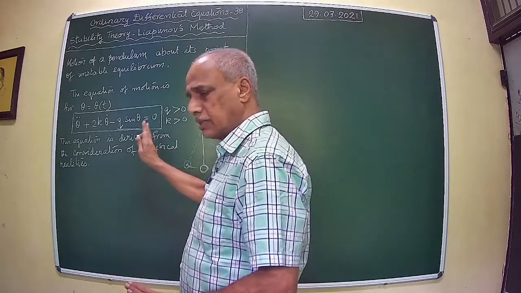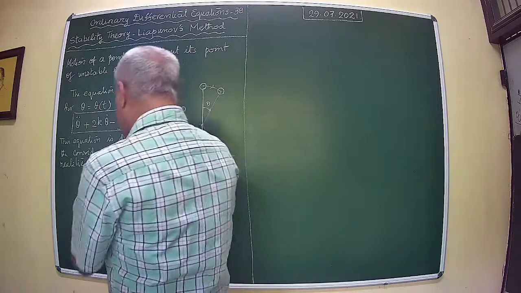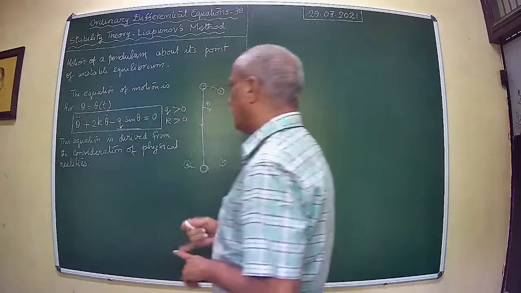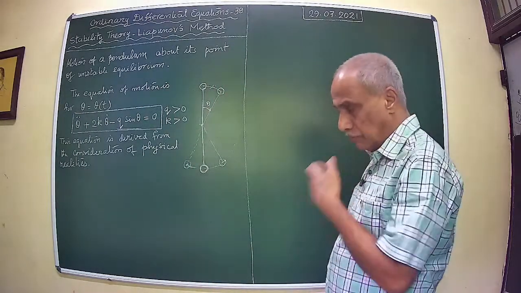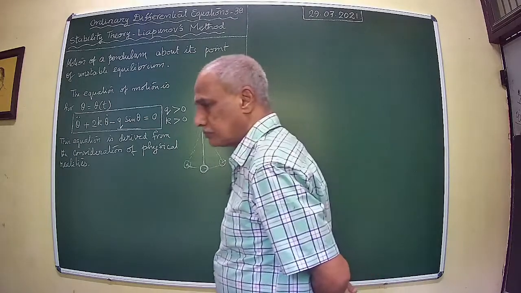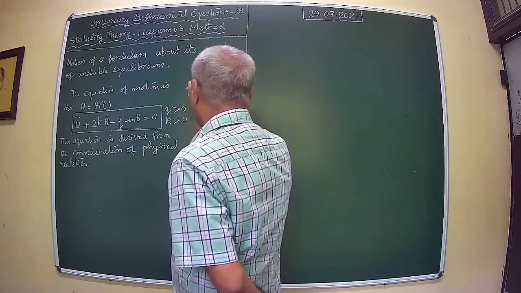This comes from physics. Now what we do is we linearize the problem. How do we linearize the problem? You see that the dependent variable is theta, or we are looking at how theta changes in the vicinity of the equilibrium point.